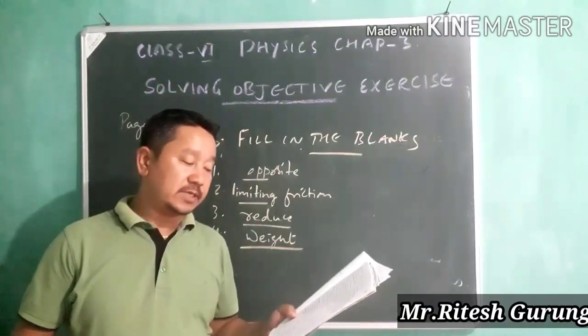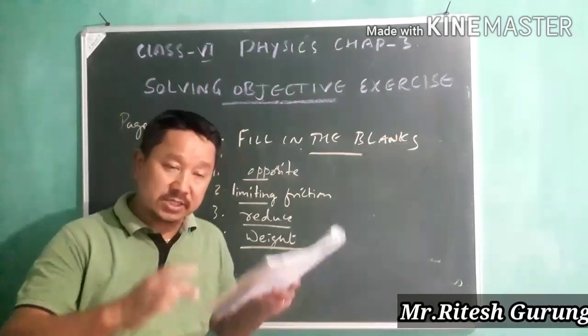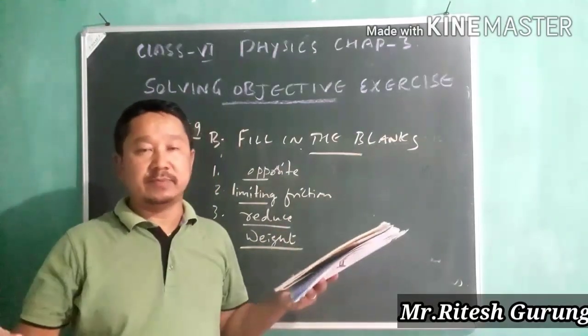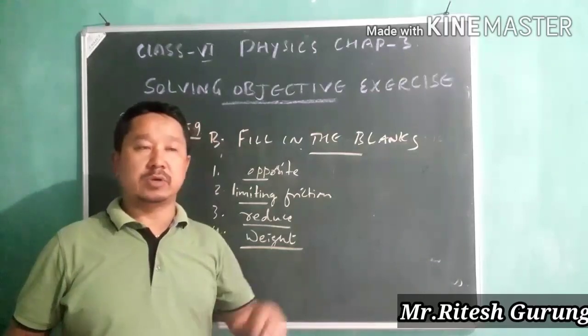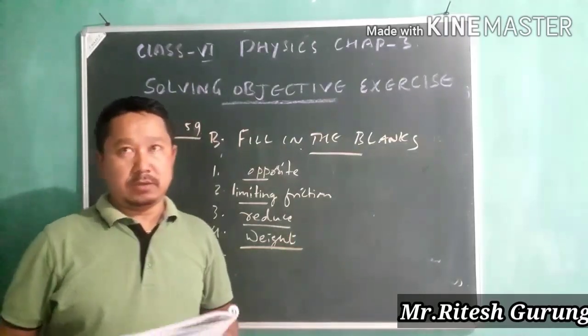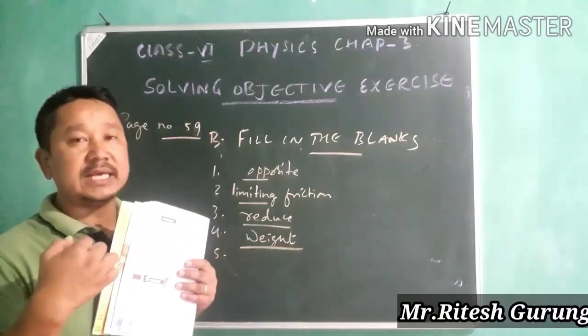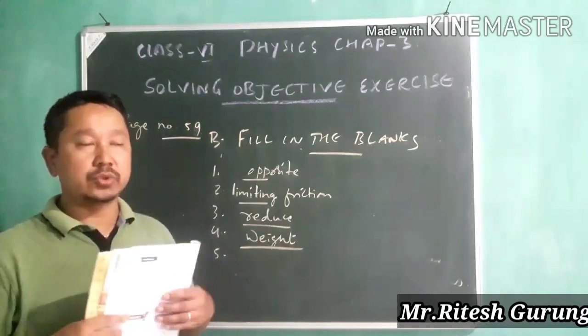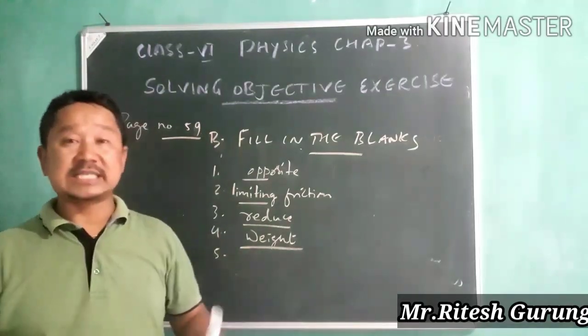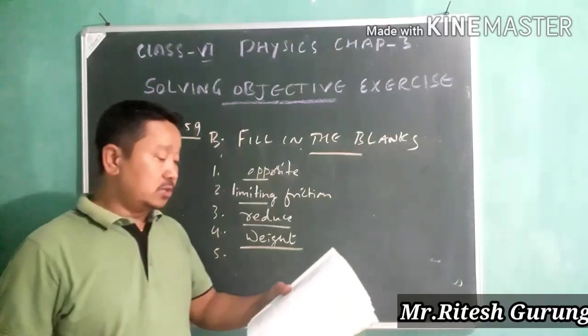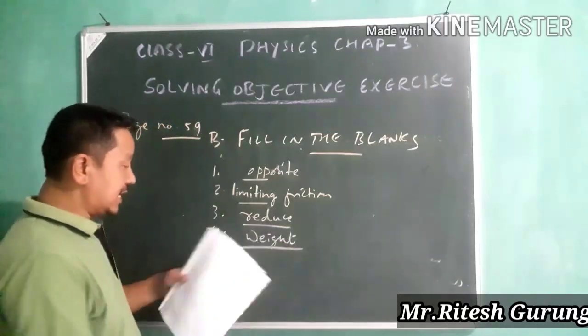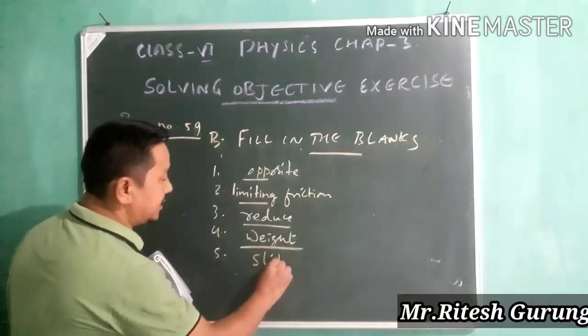So your rolling friction is much less. For example, you see the barrel of petrol or diesel. If you roll this, it is much easier than sliding it. That means rolling friction is much less than the sliding friction. The answer is sliding.